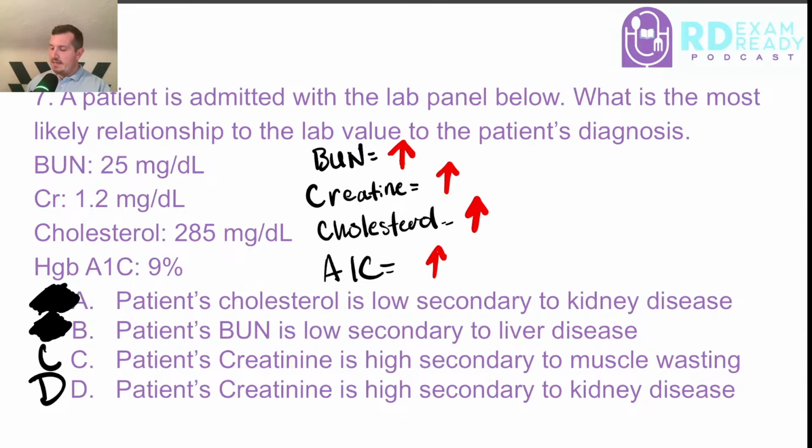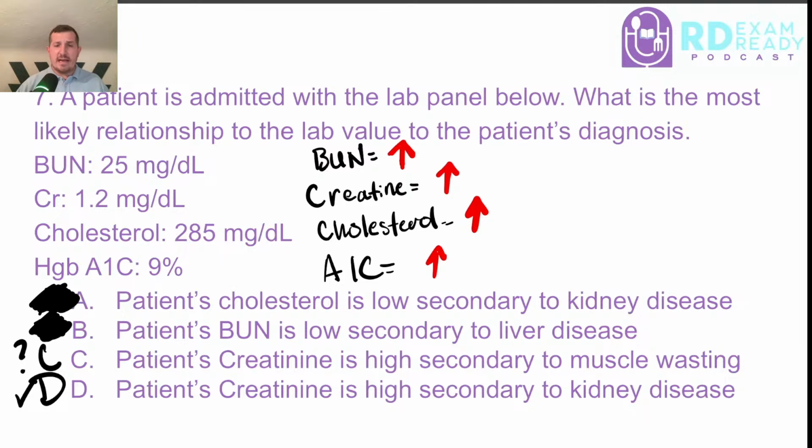C, patient's creatinine is high secondary to muscle wasting. Okay, question mark there. And D, patient's creatinine is high secondary to kidney disease. Well, when I read answer D, I feel a little better with it because it does fit in my mind that high BUN means kidney disease, right? Those would fit and correlate together.